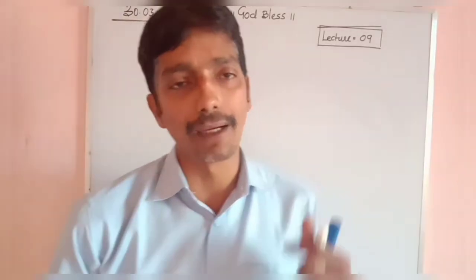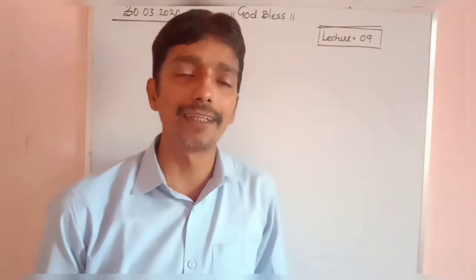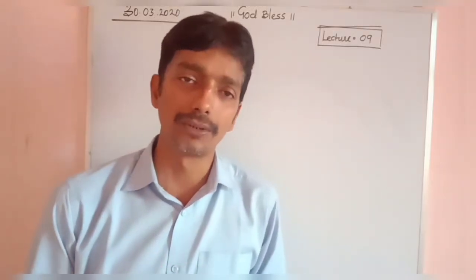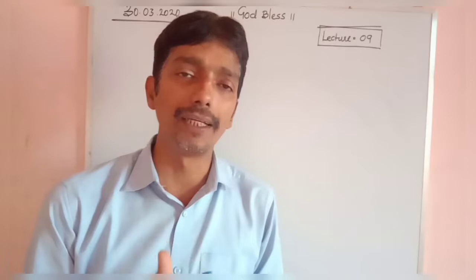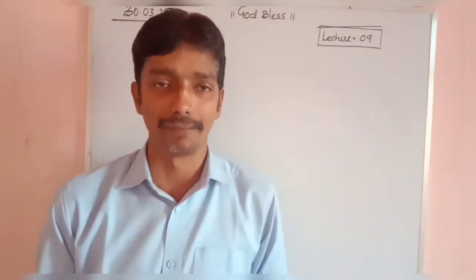As you all know, in my previous video, lecture number 8, I gave you an idea of how to get the number of images by plane mirror by drawing the ray diagram. Right?